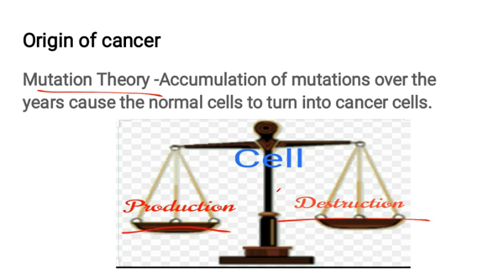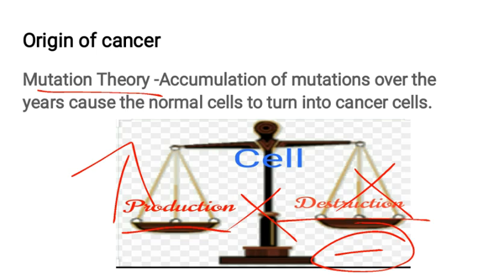When this balance is lost, that means when cell production increases rapidly and cell death is suppressed, cancer occurs. Cancer is nothing but a mass of undifferentiated cells, right? Cell production increases massively, and apoptosis, that is cell death, is totally suppressed. That is the main reason behind cancer.